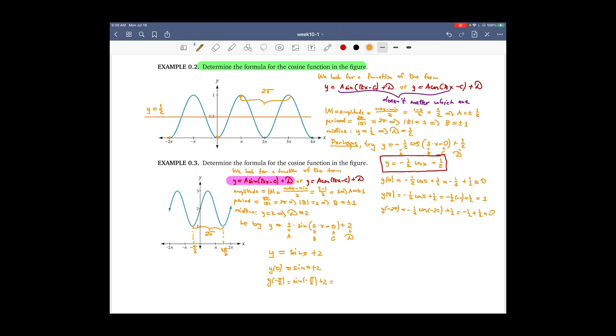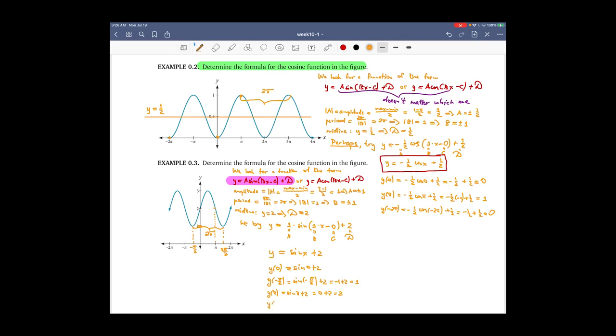Sine at negative pi over 2 is negative 1, and so the value is 1. That appears to be true. Y at pi, for instance, is sine pi plus 2, and sine pi is 0, so the y value is 2. That also appears to be true.